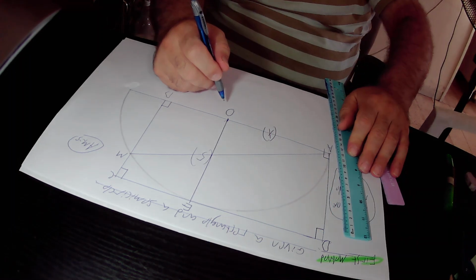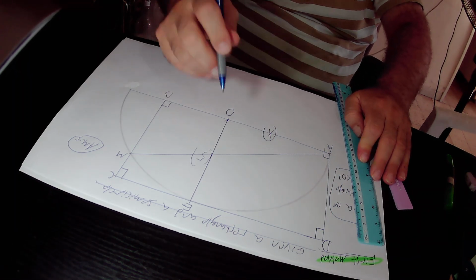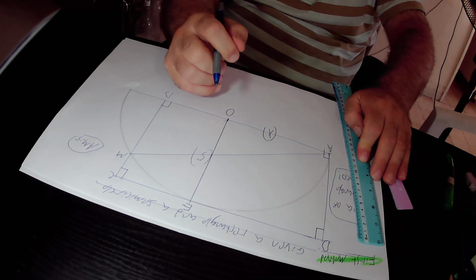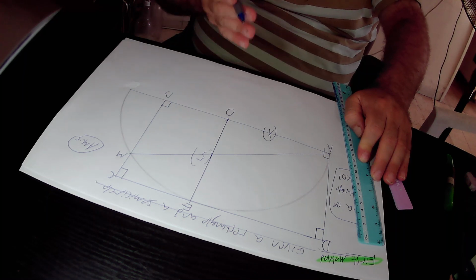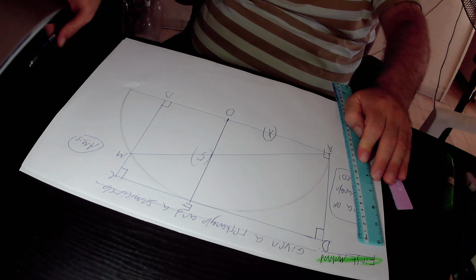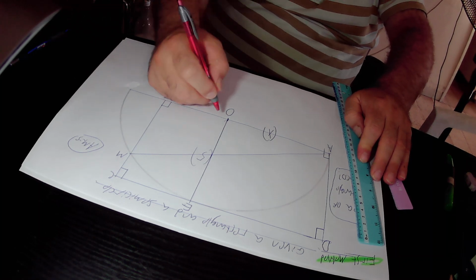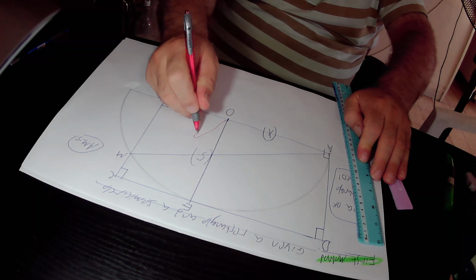Line segment OE starts from point O, the center of the semicircle, and ends at point E, a point on the semicircle itself. So this is exactly the definition of a radius. Therefore, OE is the radius of this semicircle, equal to x units in its length according to our definition. OE equals x, the radius of the semicircle.